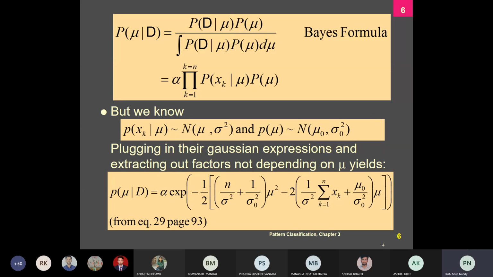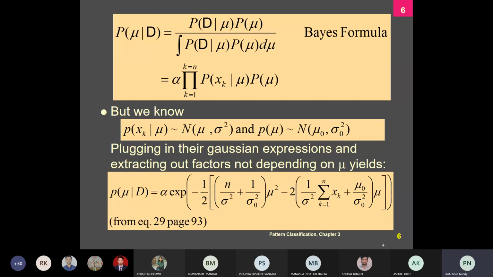Similarly, for P(mu): 1 by root over 2 pi sigma naught, exp of minus half (mu minus mu naught divided by sigma naught) whole square.